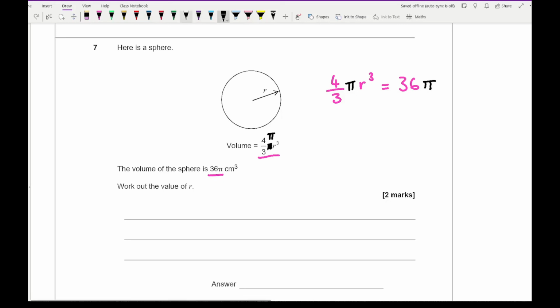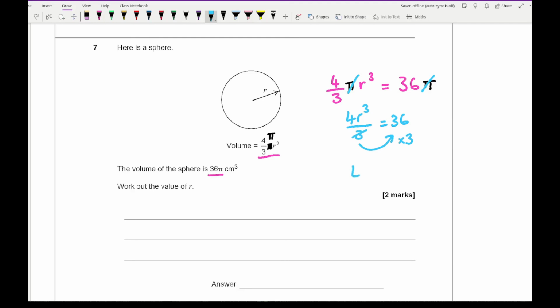So from this, both sides have got pi, so I can cancel that out. And so what I've got on this side is 4r cubed divided by 3 equals 36. So what I've got to do first is try and get r the subject. So I take the 3 over to the other side by multiplying by 3. So I end up with 36 times 3, which is 108.